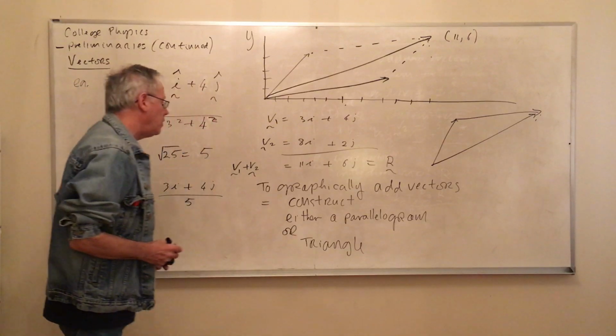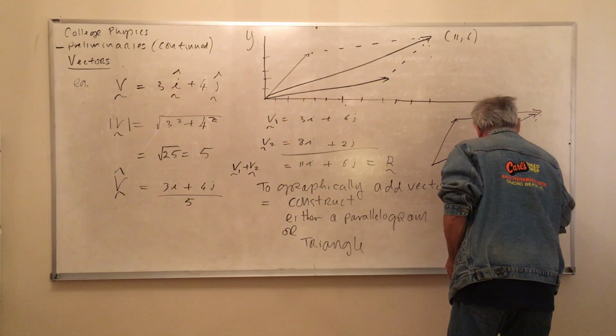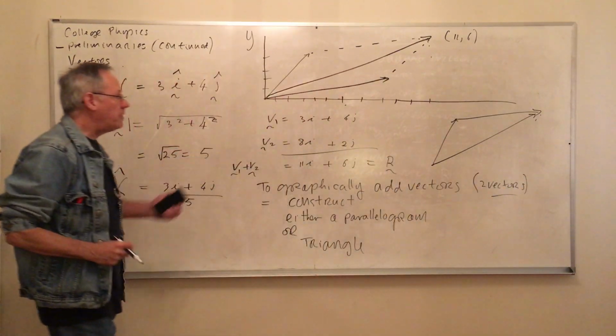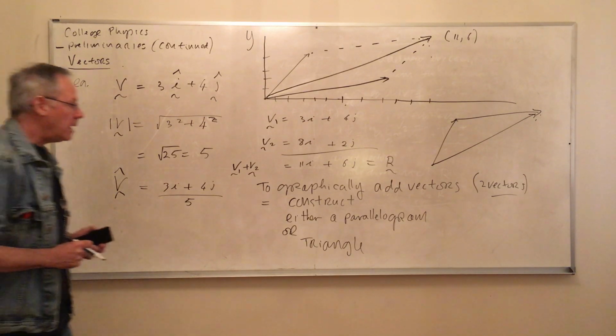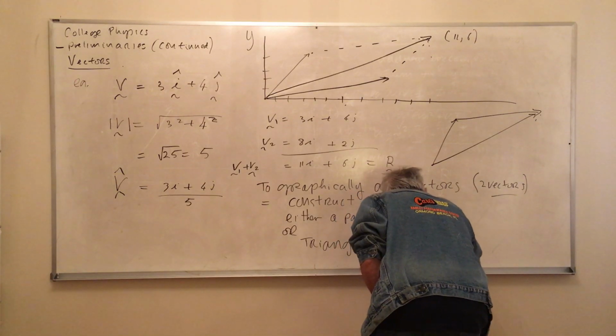This is the case for only two vectors. However, if you were to set it all up with a bunch of vectors, you would find that you can still add vectors by going tip to tail. So the triangle method is going to be the tip to tail method.